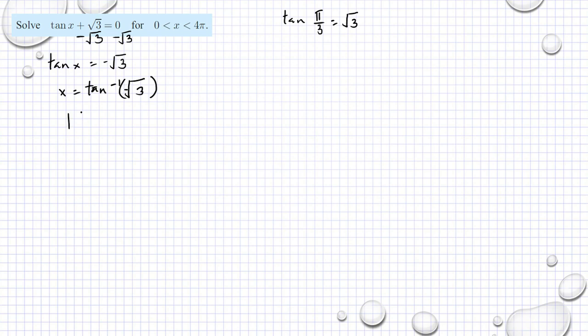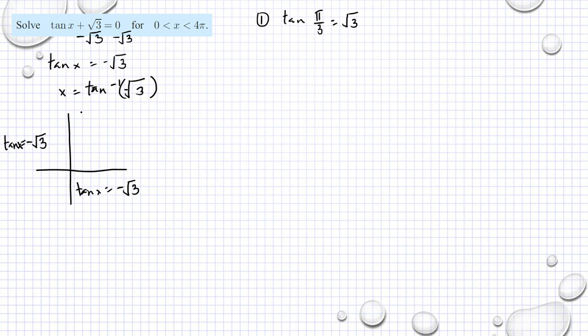That means if we look here, this is your first quadrant. We have negative square root of 3 there, tangent x is equal to negative square root of 3 there. It's also here, tangent x is equal to negative square root of 3.